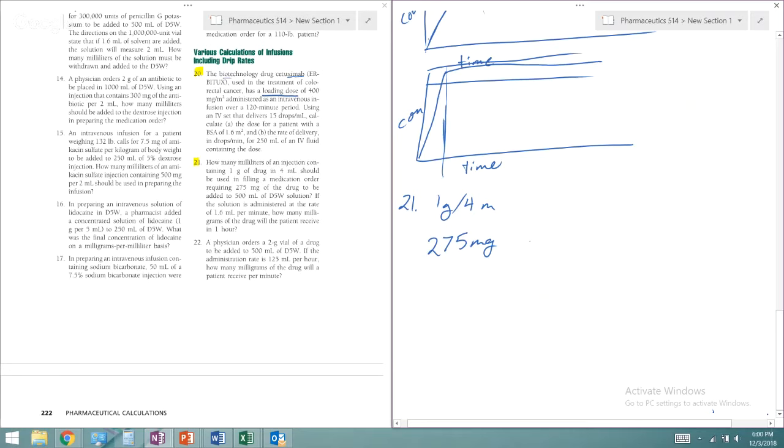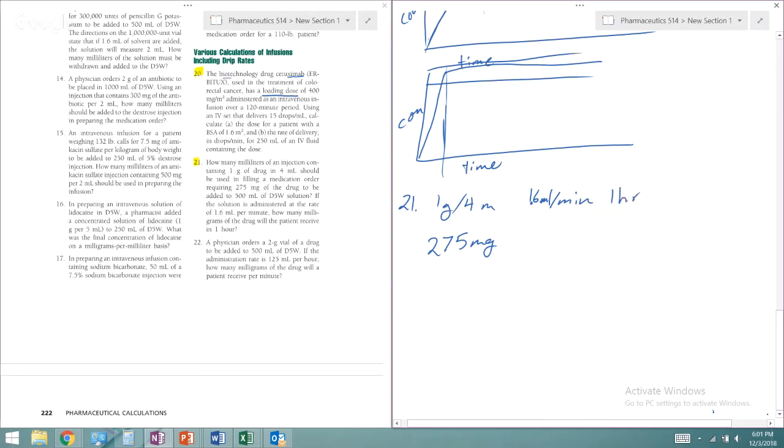So if the solution is administered at the rate of 1.6 milliliters per minute, how many milligrams of the drug will the patient receive in 1 hour? Okay.